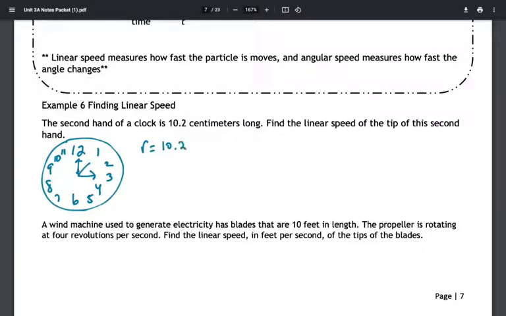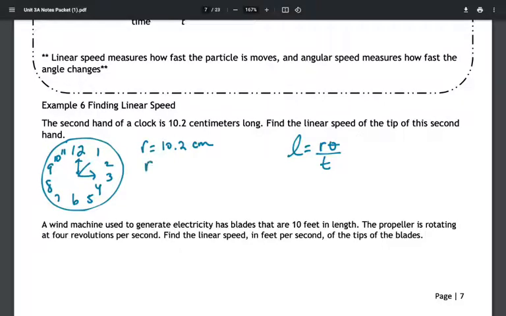So the radius is 10.2 centimeters. Find the linear speed at the tip of this second hand. So linear speed equals r times theta divided by time.